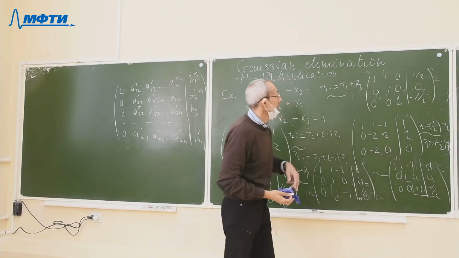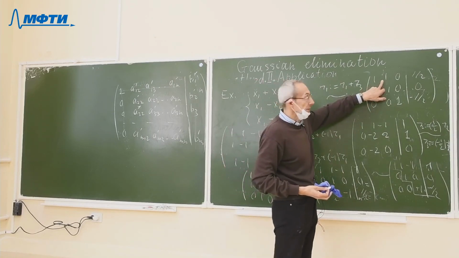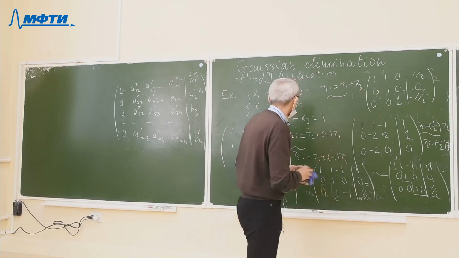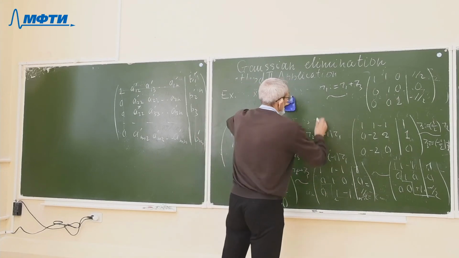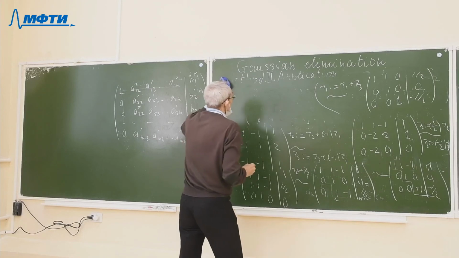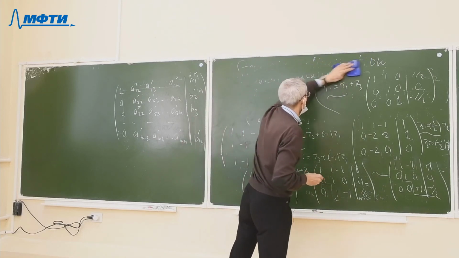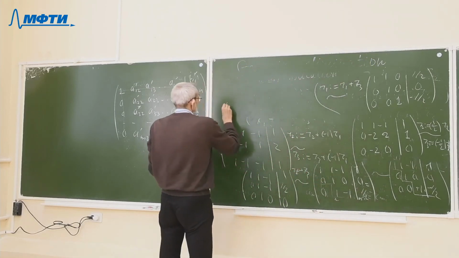And the last step is to obtain 0 on this place. You can apply the first operation.